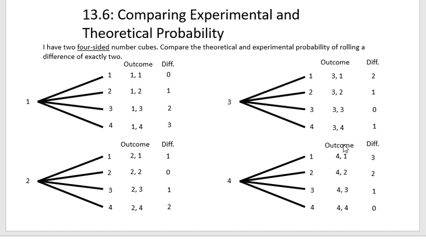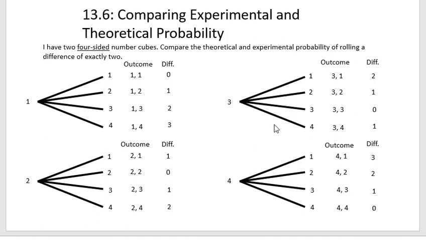Here are our 4 outcomes. Beside, I've listed all of the differences. Out of all of these, we have exactly 1, 2, 3, and 4 outcomes of exactly 2.